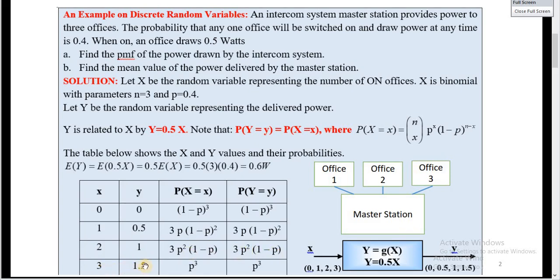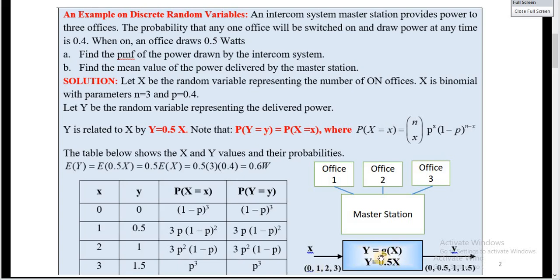Finally, y takes on the value 1.5 with probability equal to the probability that x equal to 3, and that is p cubed. So this is a simple example that demonstrates the transformation for a discrete random variable.